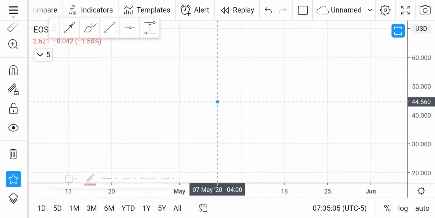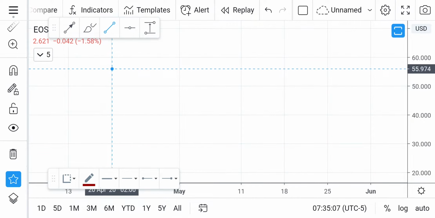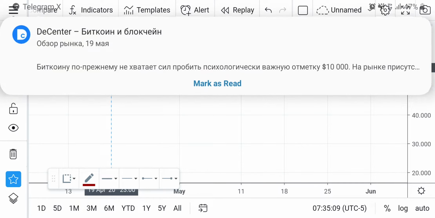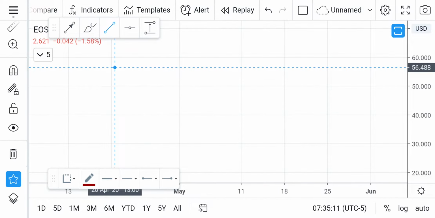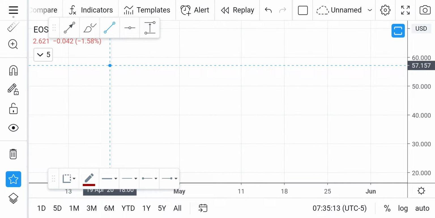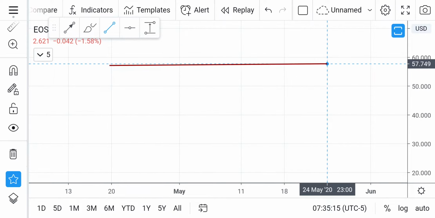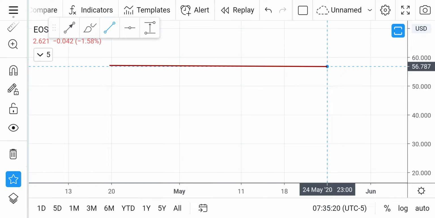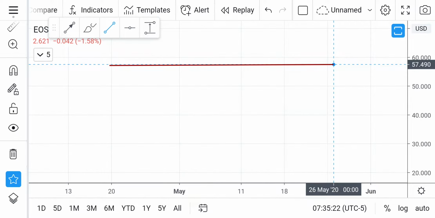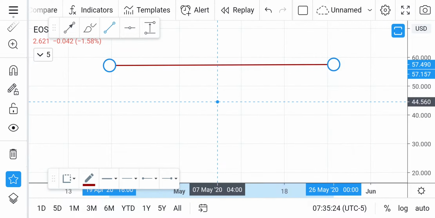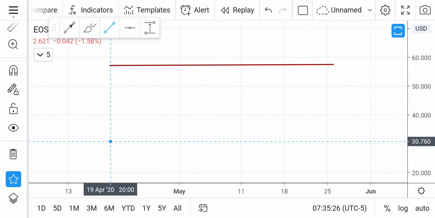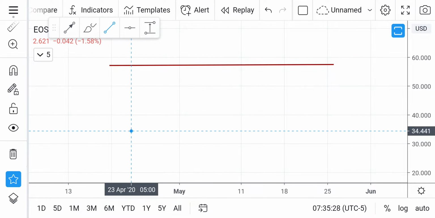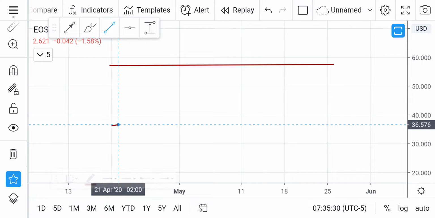For the ascending triangle chart pattern, first of all, you have a resistance. Let me illustrate it. You have a resistance like this, then you have another rising channel towards the resistance.